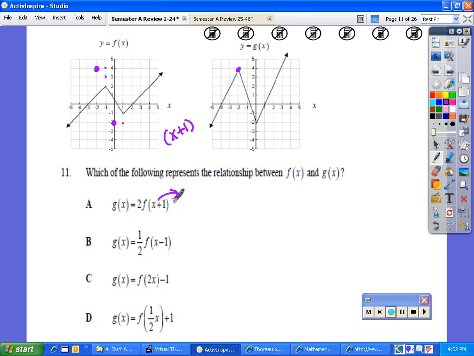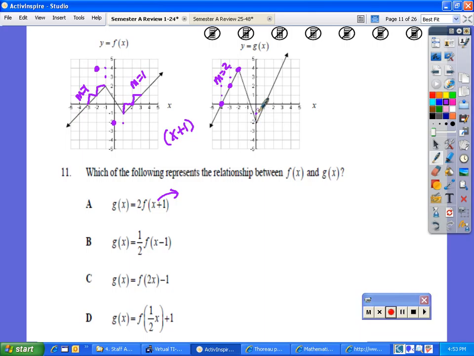If we looked at our slope for the original graph, from here to here, it goes up 1 over 1. On this side, up 1 over 1. So this side has a slope of 1, this side has a slope of 1. Now on this side, it goes up 2 over 1, so this has a slope of 2. And here we go up 2 over 1 again, so this has a slope of 2 on this side.